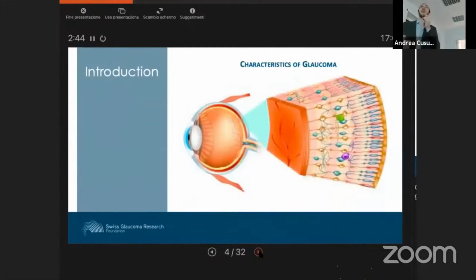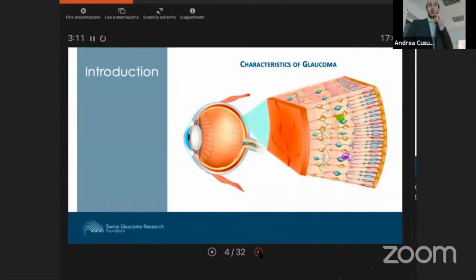To summarize very simply, in this diagram you can see all the layers of the retina, which you have already seen in previous talks today. In previous talks, we mostly focused on the layers of the photoreceptors, the layers very deep in the retina. About glaucoma, one of its specific characteristics is that it is a disease of the ganglion cells.